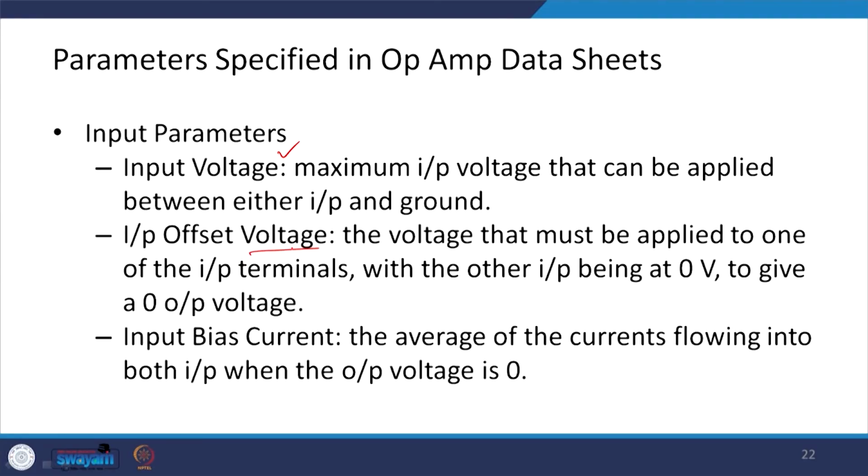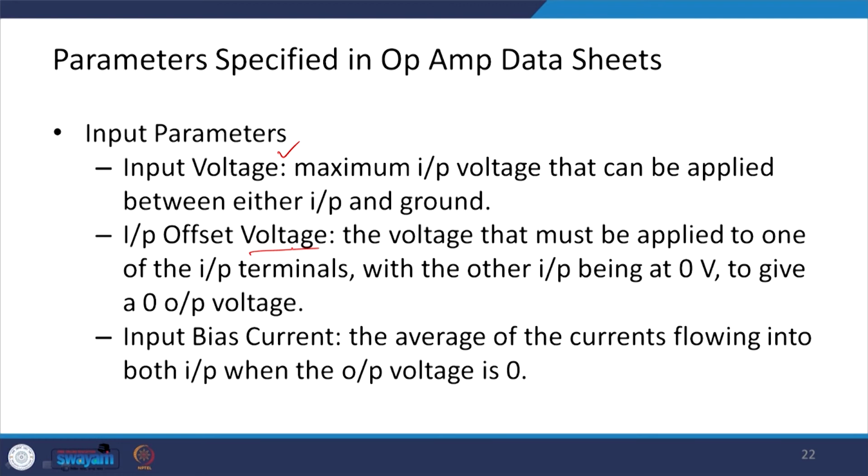Then the input offset voltage, the voltage that must be applied to one of the input terminals, with the other input being at 0 volt, to give a 0 output voltage. As I explained in my last lecture about the offset, this is how it is defined.